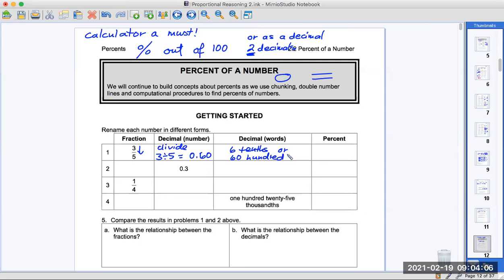The TH at the end tells you it's not a whole, it's a part of a whole. And as a percent, when you change decimal to percent, you move your decimal 2 spaces to the right. So that makes it 60%.